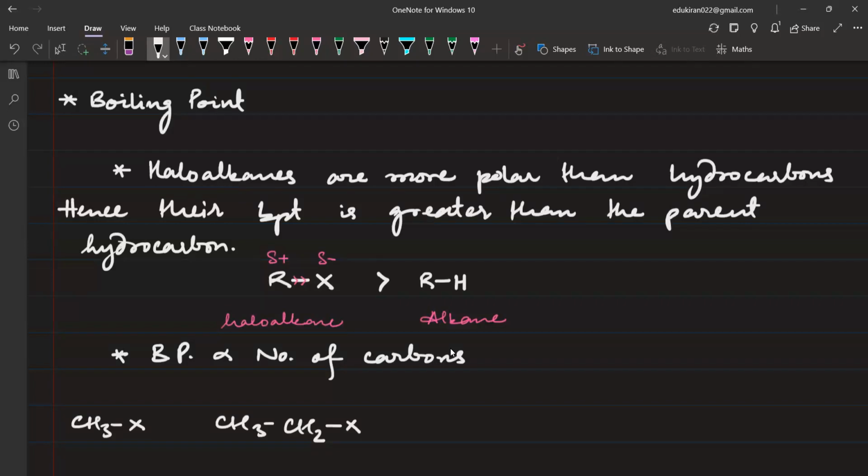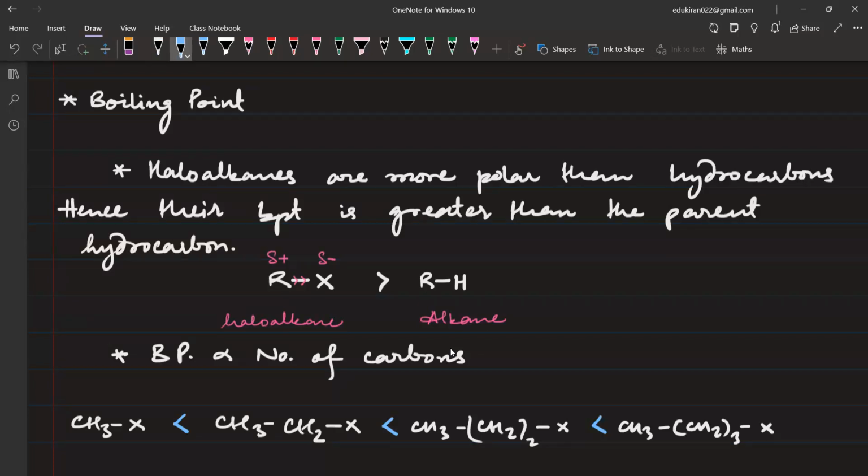Then CH3(CH2)2X, and CH3(CH2)3X. In this case, the larger the number of carbon atoms, the larger is the boiling point, because as the molar mass increases, the van der Waals forces will also increase, and the boiling point will also increase.